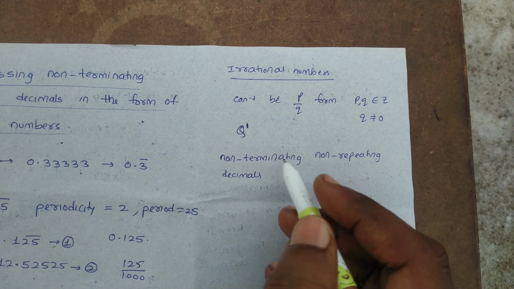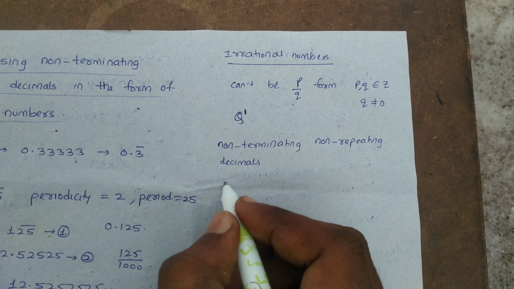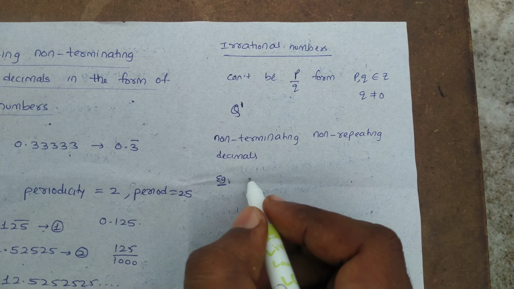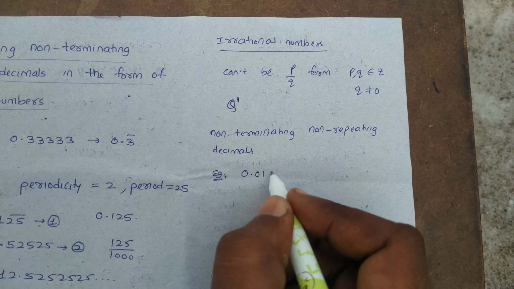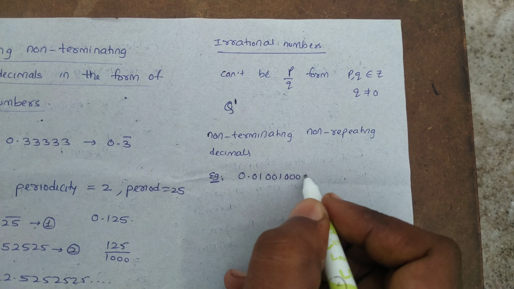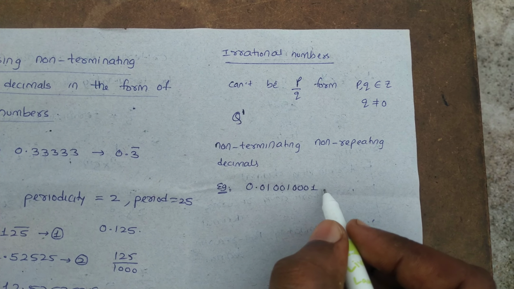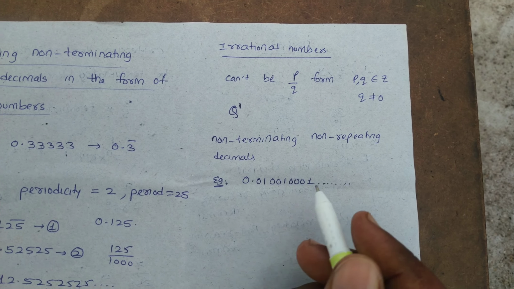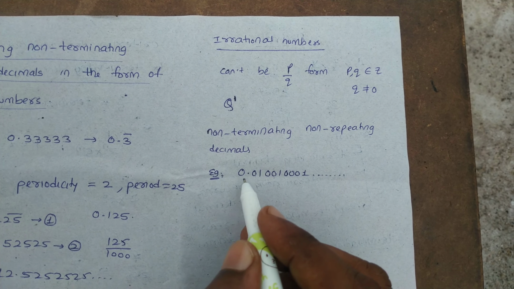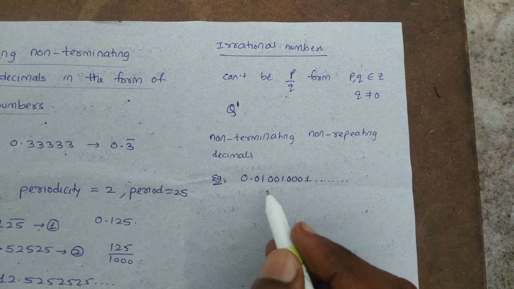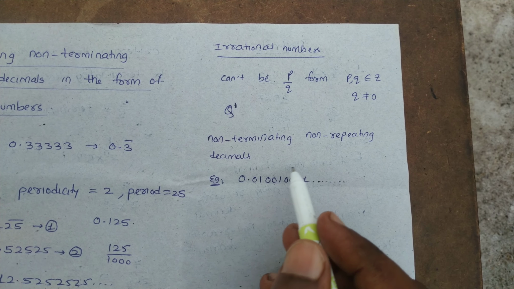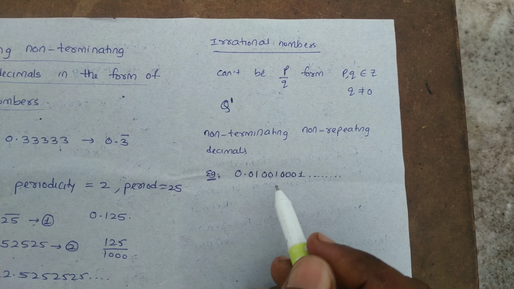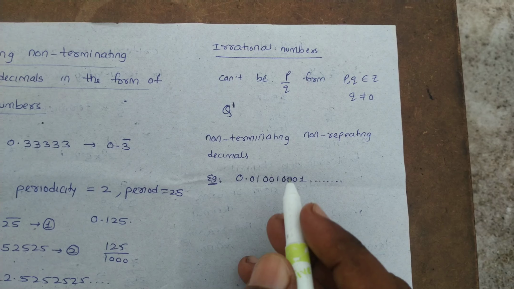This is type 1. Simply, I will provide you one example, like 0.010010010001. This is called a non-terminating, non-repeating decimal. It is not terminating, and at the same time it is not getting repeated, so it comes under irrational numbers.